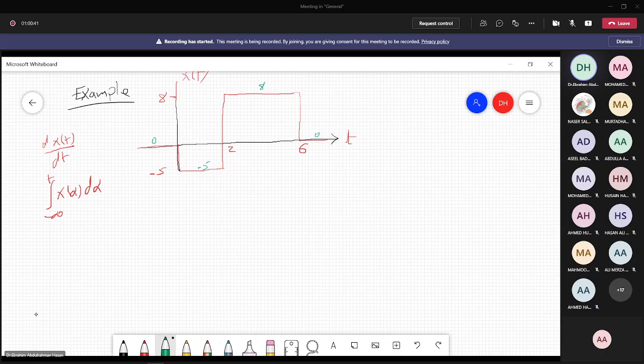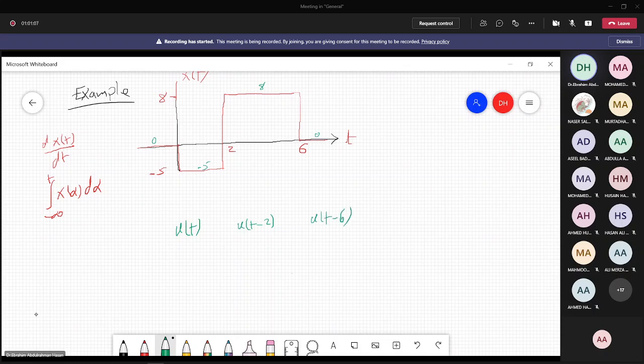So we have a change here at 0. It means there is a jump from one value to another value. It's changing value, so it means that we have u of t. And another u we have here at 2, so u of t minus 2. And the third one here at 6, u of t minus 6.